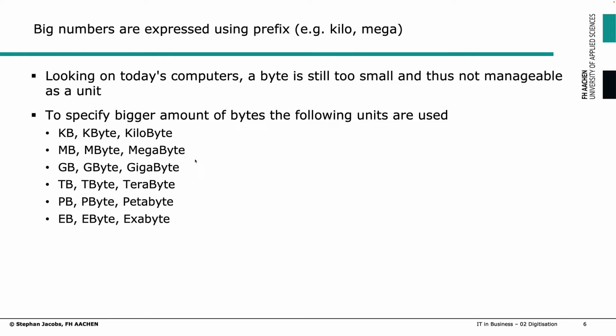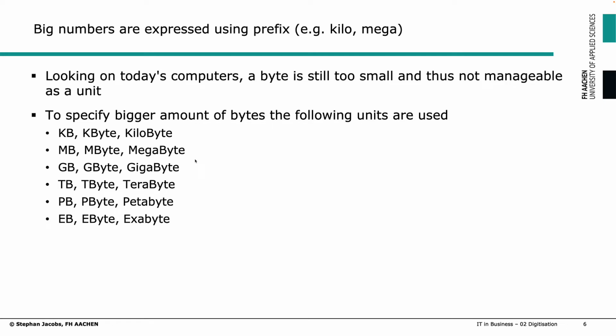A kilometer is 1,000 meters. A kilogram is 1,000 grams. A kilo euro is 1,000 euros, and so on. And mega simply is 1,000 kilo or a million. And so giga is a billion, and so on. Tera, peta, exa, and so on.